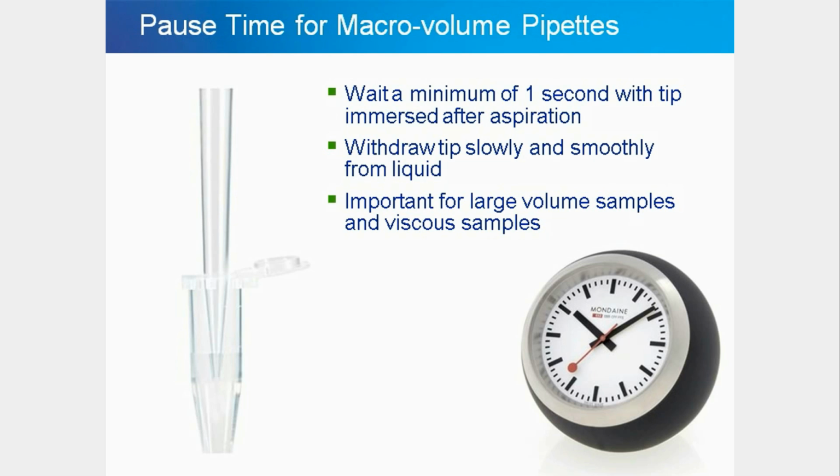Sometimes you can see an air gap at the bottom of the tip orifice or opening with macro volume pipettes. This air gap could be caused by several factors. Reason 1, the tip may have been inserted into the liquid from an angle more than 20 degrees to the vertical. Reason 2, the user failed to pause for at least 1 second after aspirating before the tip is removed from the liquid.